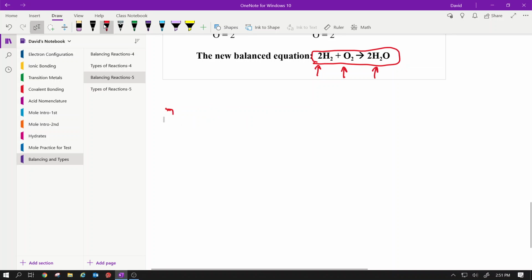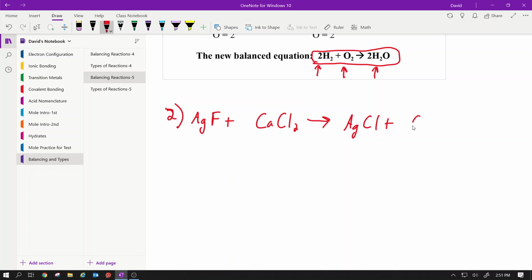Number 2, we end up with silver fluoride, and we combine it with calcium chloride to yield silver chloride and calcium fluoride.